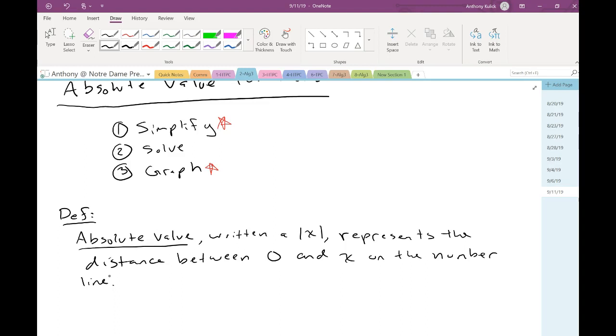What can we say about the sign of a distance? Distance is always positive, right?